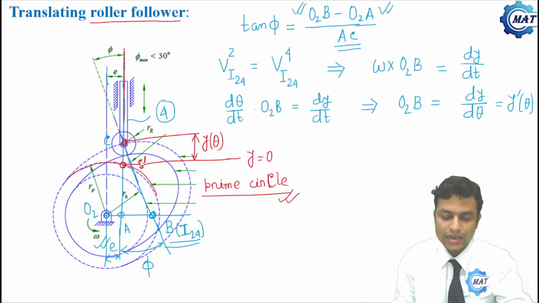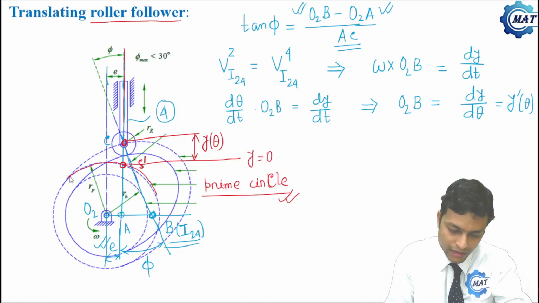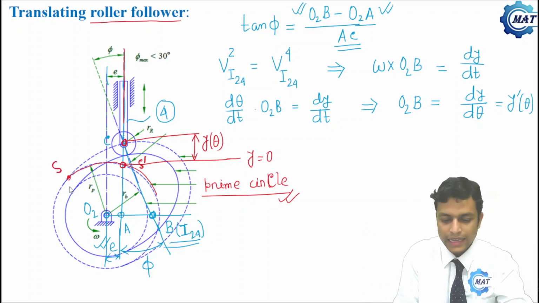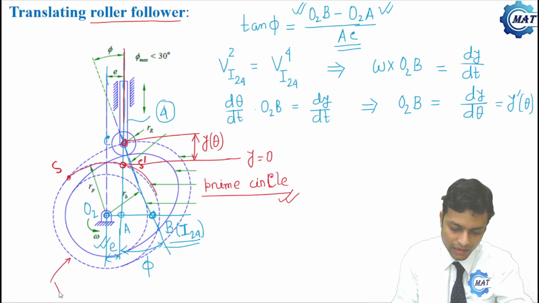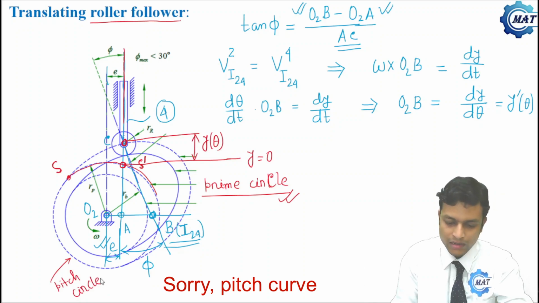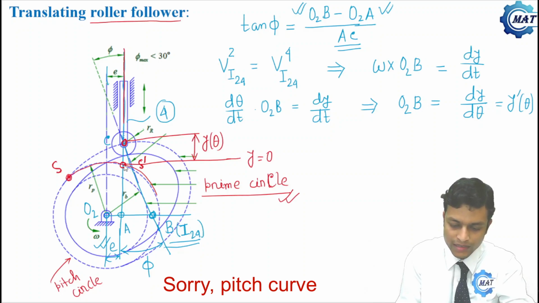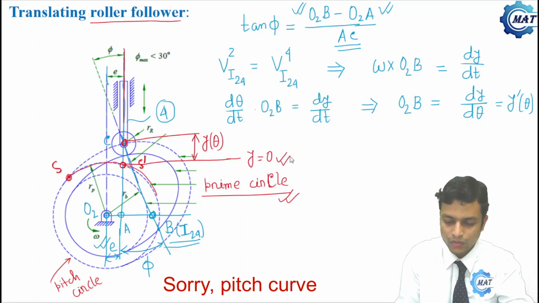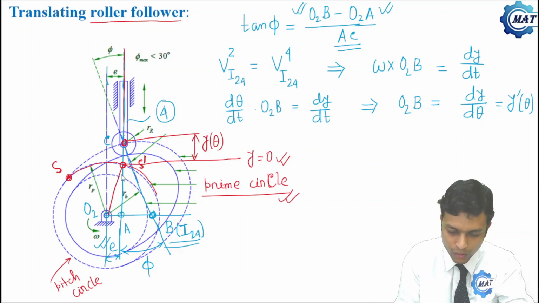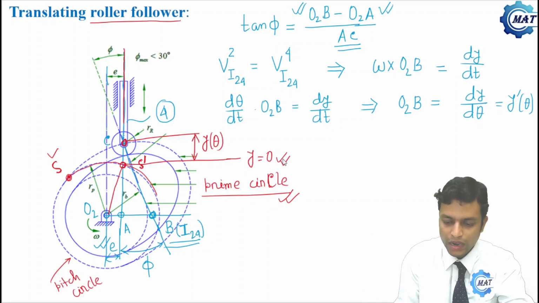Now at this instant, what is the value of theta? Here, this is point S, the point where the pitch circle touches the prime circle. When the point S was at S prime, y was 0.